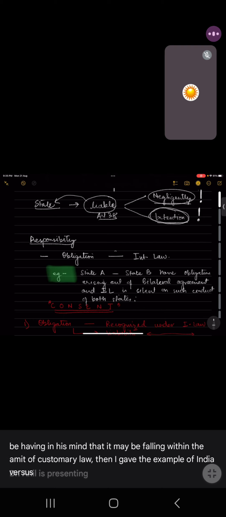Then I gave the example of Portugal versus India, where despite a customary practice being shown, the outcome was that unless the country consents to being followed or accepts the jurisdiction of another country, it will not be made a compulsion. International law cannot be imposed on any other country.